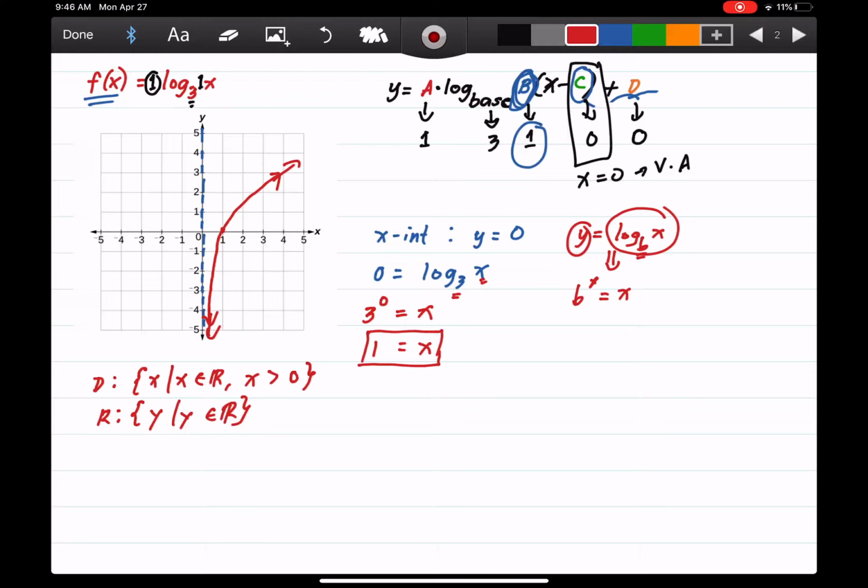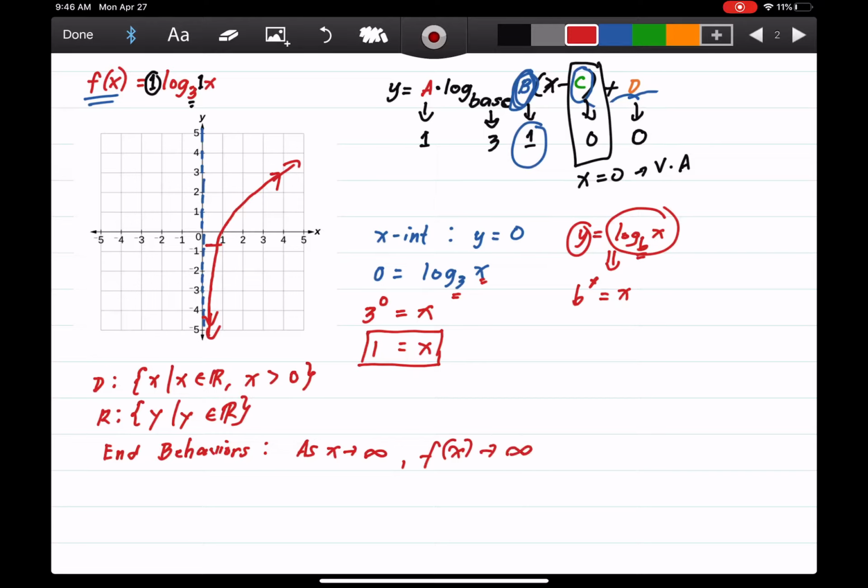The end behaviors. Look at that, as your x is going positive, as x approaches positive infinity, f of x is approaching positive infinity as well.